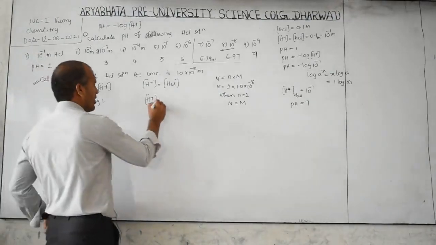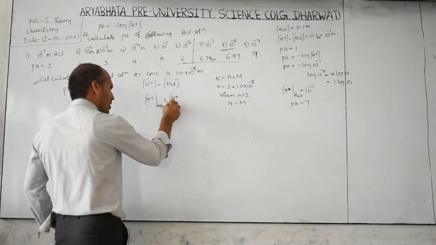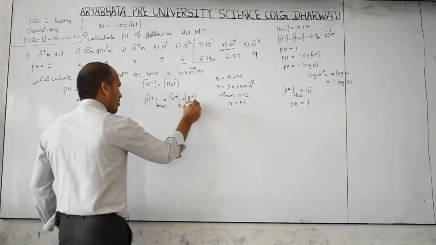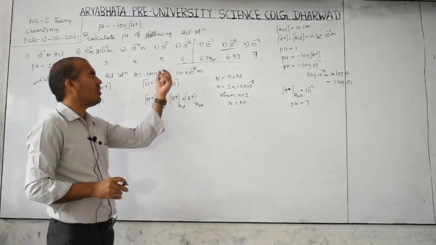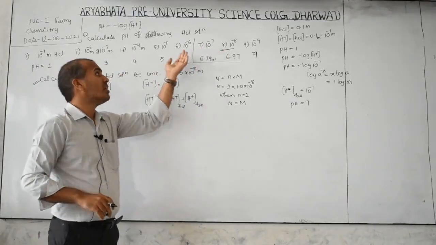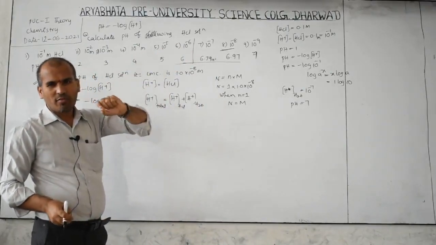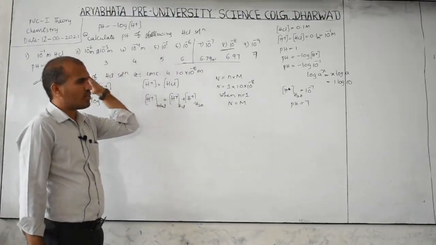Therefore total H plus ion is equal to H plus ion of HCl plus H plus ion of water. Why are both combined here? Because this is a very small value. From 10 power minus 7 onwards, you can also consider it small, but the percentage of error is very low. Therefore up to there we can consider there is no problem.